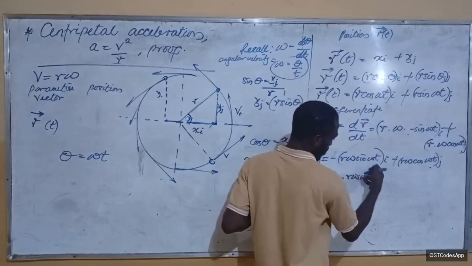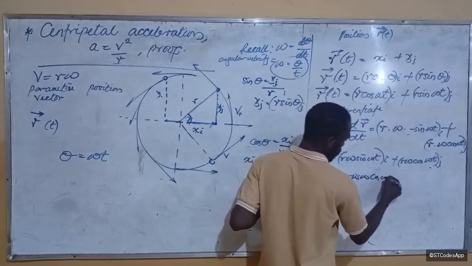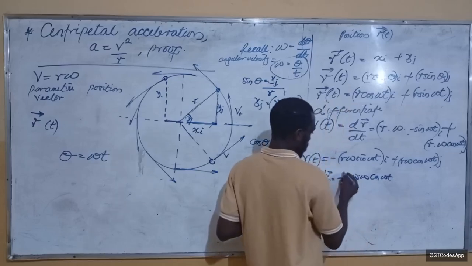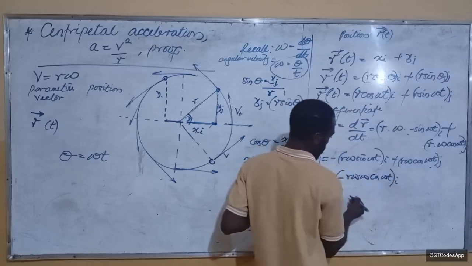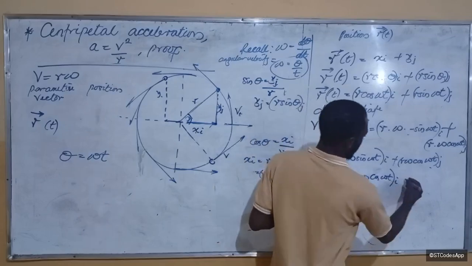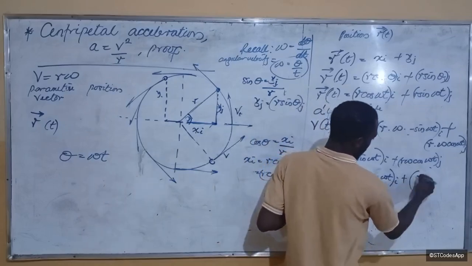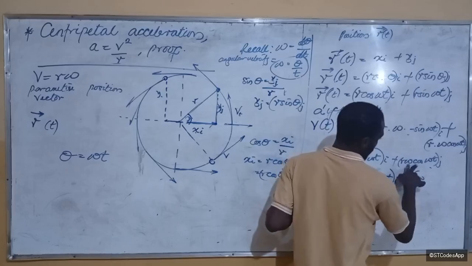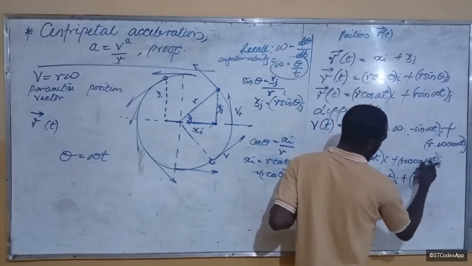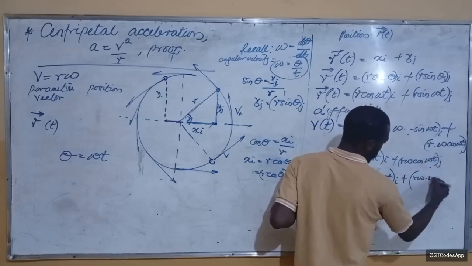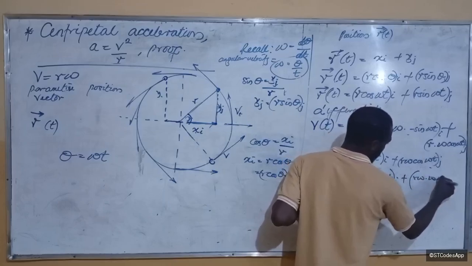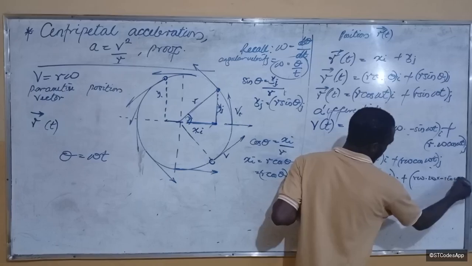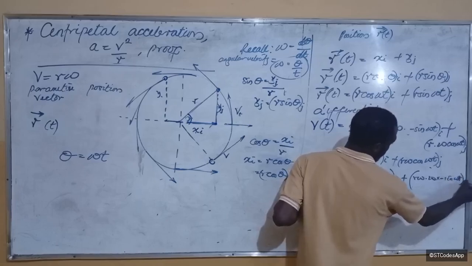Then derivative of sine omega t will give you cos omega t, all times I. Okay? Then plus derivative of this is CR omega. Derivative of cos of this is minus sine. First differentiate this to give you another omega. Then times minus sine omega t all j.